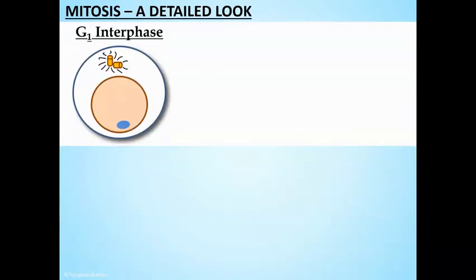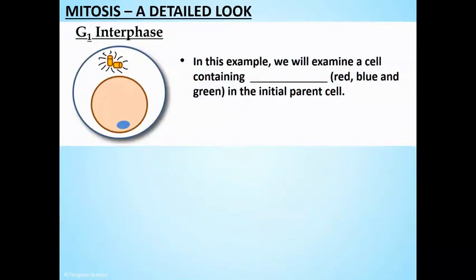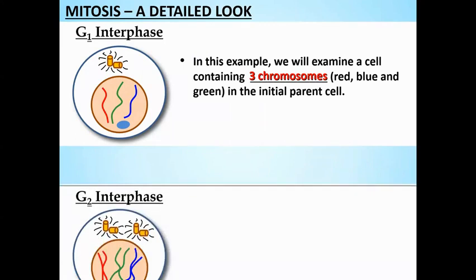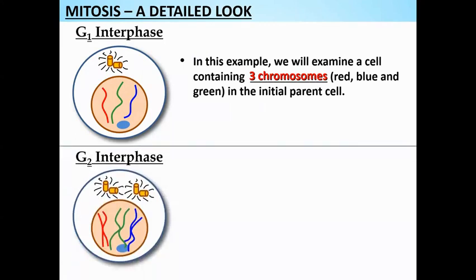Okay, so now we're going to look a little more closely at mitosis. So remember that part of the interphase, the G1, which is a big section. In this example, we'll examine a cell containing 3 chromosomes, a red, blue, and a green, an initial parent cell. And then again, the G2.